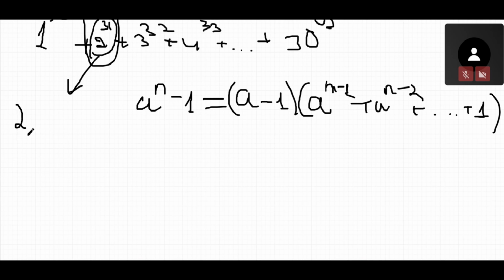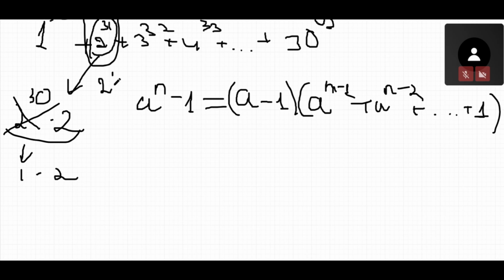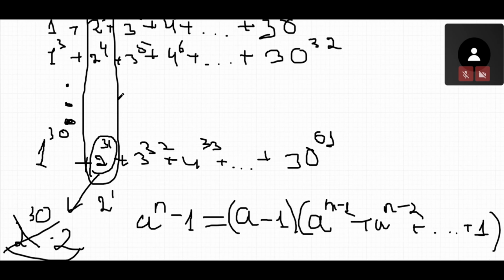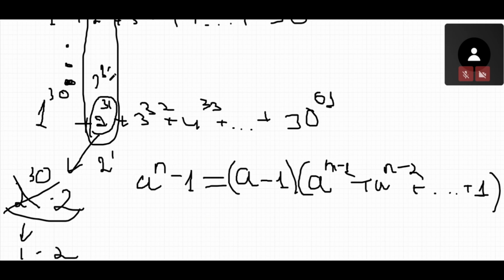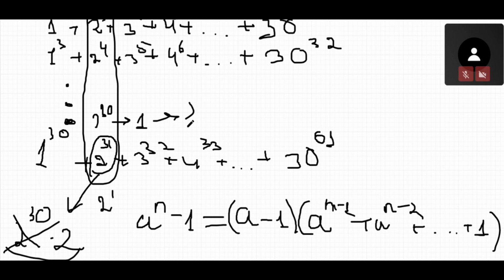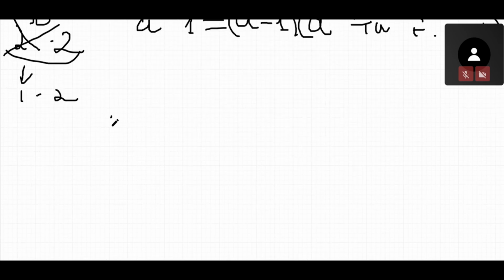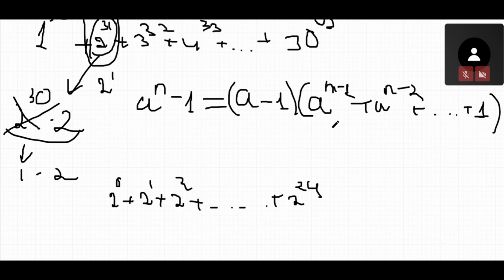It is like 2 power of 30, which gives us 1, multiplied by 2. We'll write it as 2 power of 1. Okay, that's good. And there's 2 power of 30, which also will give 1, which is 2 power of 0. And if you write 2 power of 0 plus 2 power of 1 plus 2 power of 2 until 2 power of 29, let's look.